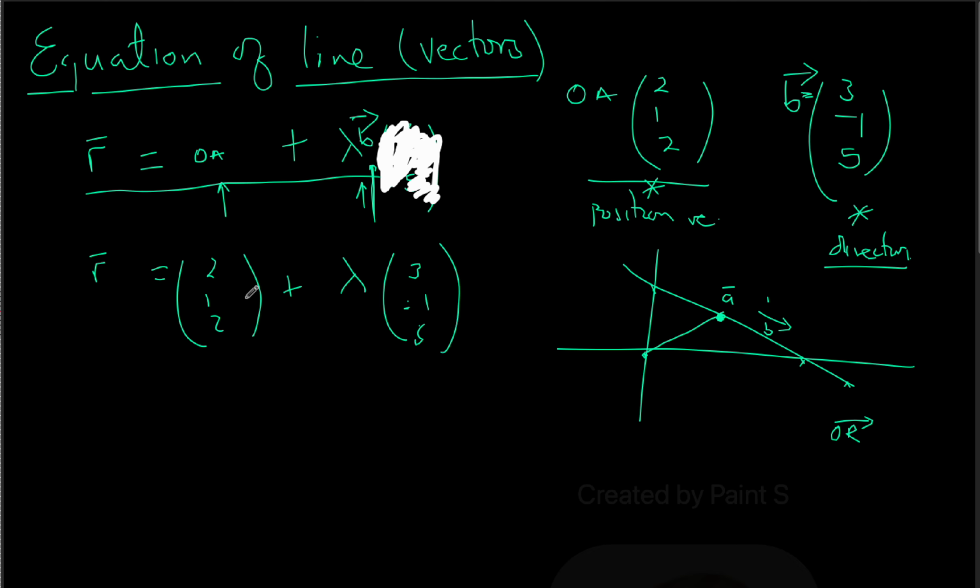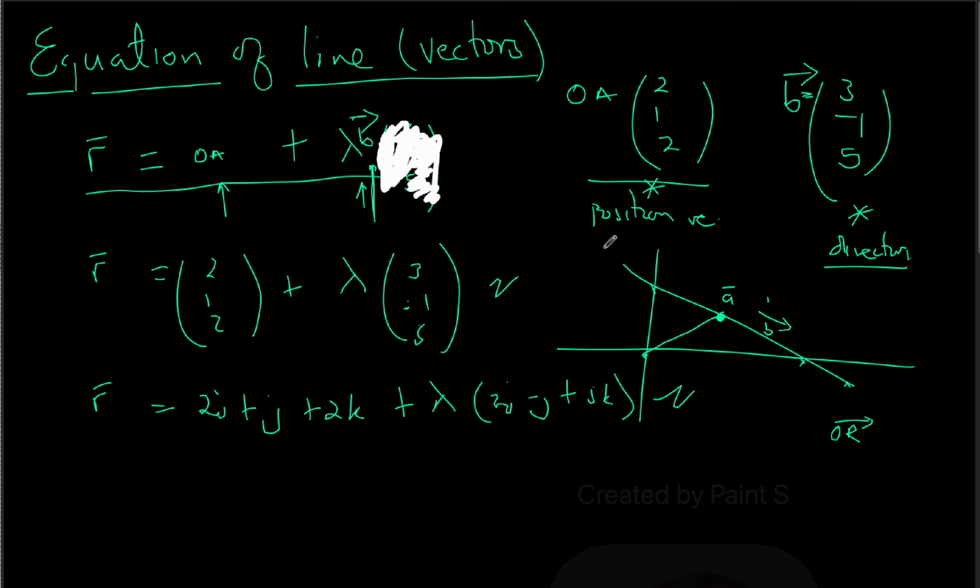Take note that you can always represent this in another way, like R is equal to 2i plus j plus 2k, plus lambda of 3i minus j plus 5k. You are still allowed to have it like this. So either of these is the equation of the straight line. I hope that makes sense.